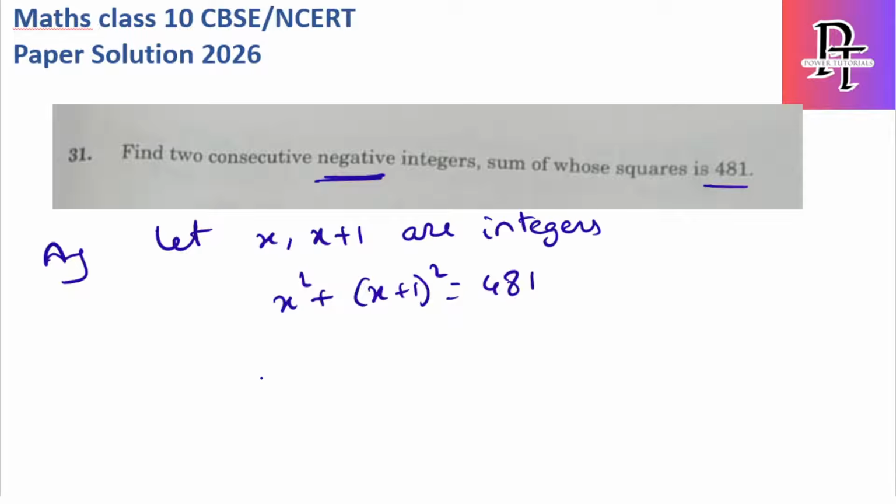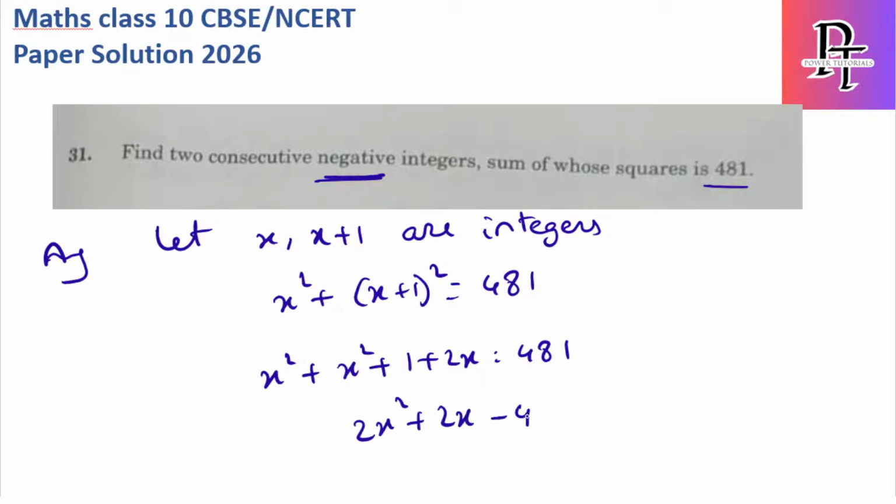Okay, so using the a plus b whole square formula, a square plus b square plus 2ab, I will use it with 481. So 2x square plus 2x minus 480 is equal to 0, or x square plus x minus 240 is equal to 0.